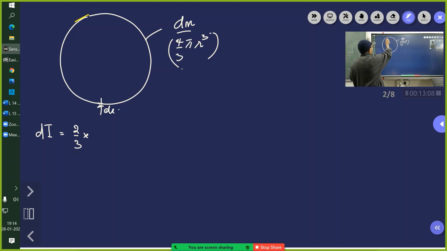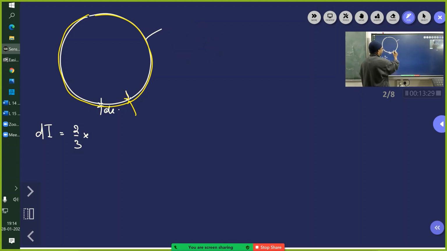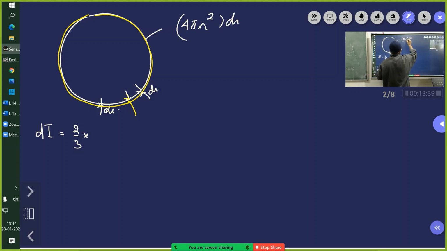No, I was thinking of building this layer by layer. That's what I was planning to do. If you want to take only this layer, what will be the mass of this small layer? The volume of this thin layer of thickness dr will be 4 pi r square into dr. That is the incremental volume.